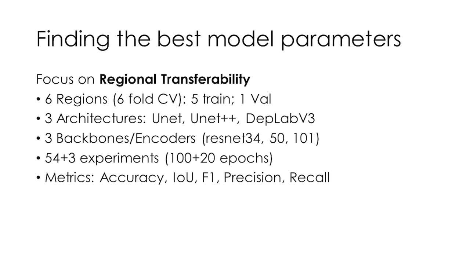And for the best 3 regions, we also run a full training. For running these experiments, we used a condensed data set, so we only used tiles which also contain thaw slumps. And for the full training of the best models in the best 3 regions, we added another 20 epochs.